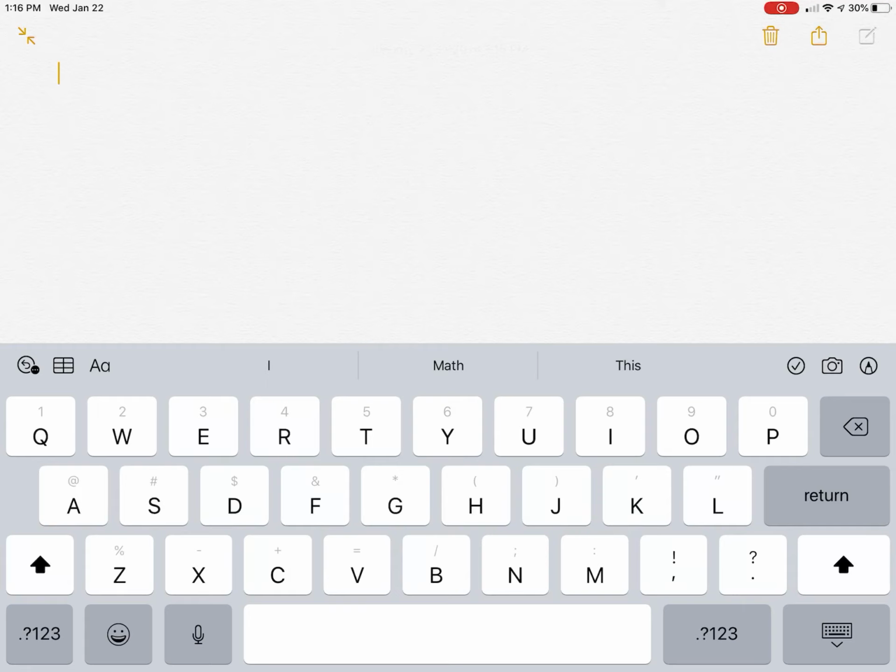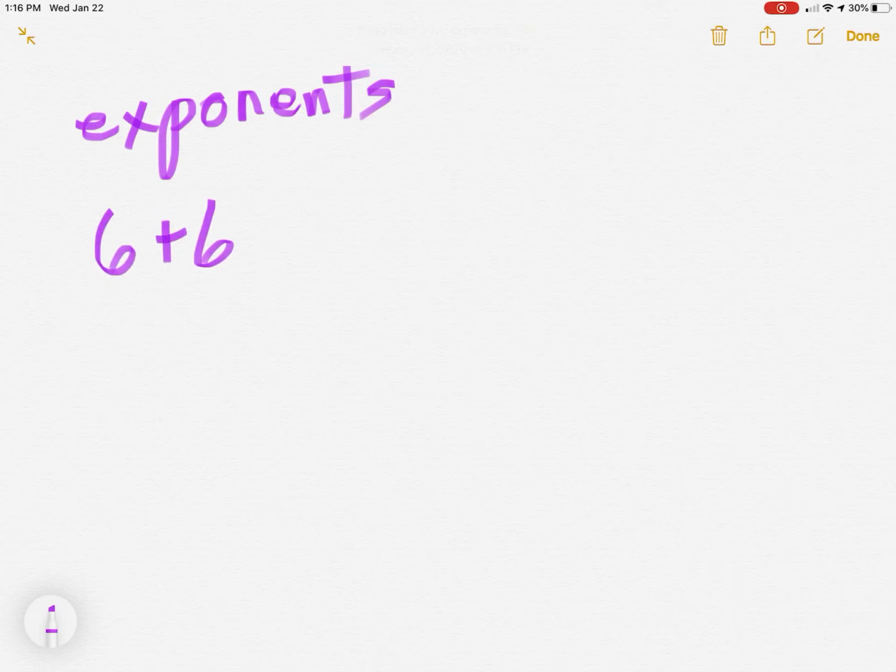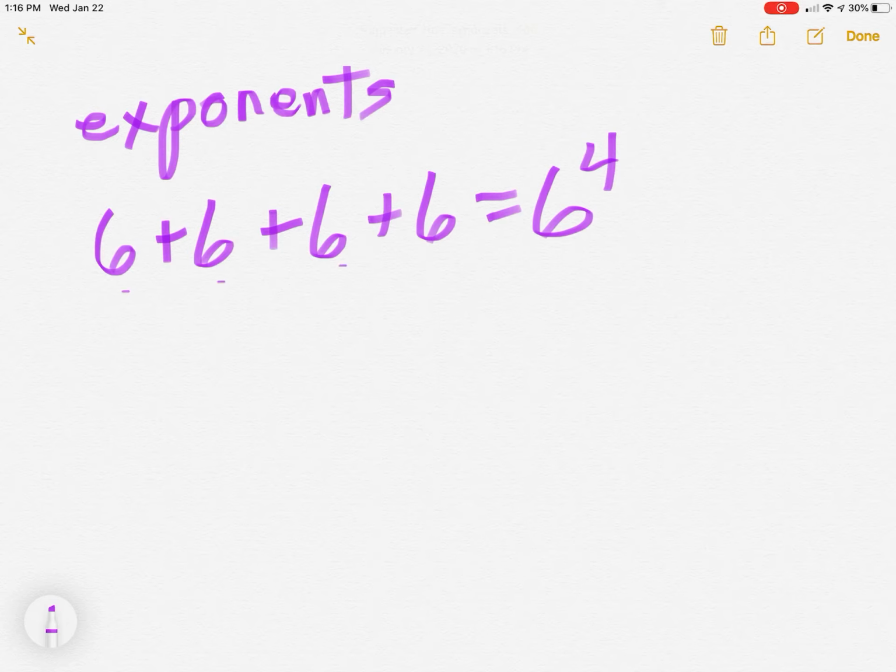So let's go to exponents. So exponents are like just repeated addition. So if we have 6 plus 6 plus 6 plus 6 is equal to 6 to the 4th power. 1, 2, 3, 4. 6 times itself 4 times. So if you have like 6 to the 3rd power, we'll do it easy. 6 times 6 times 6 is 18.